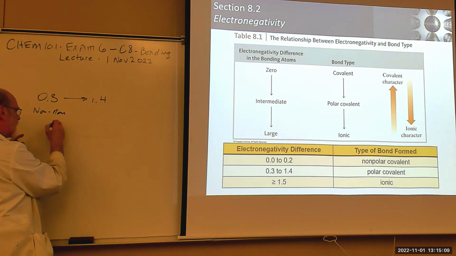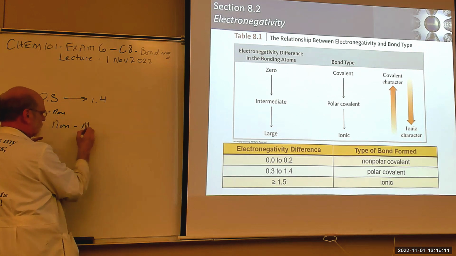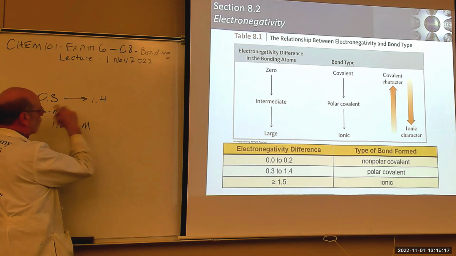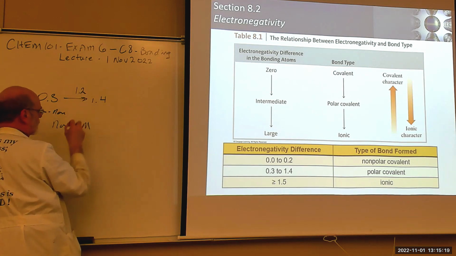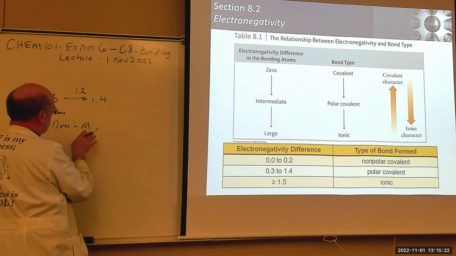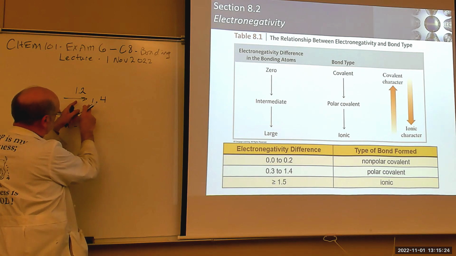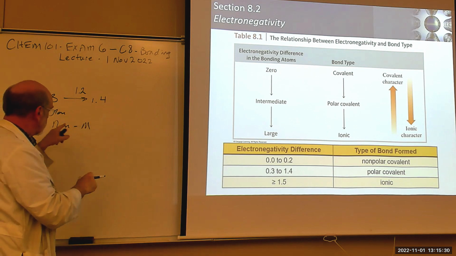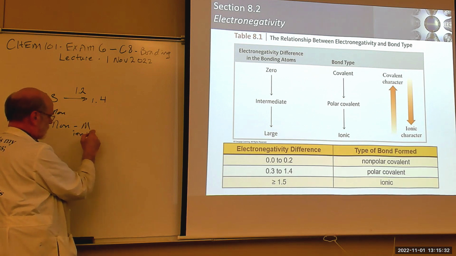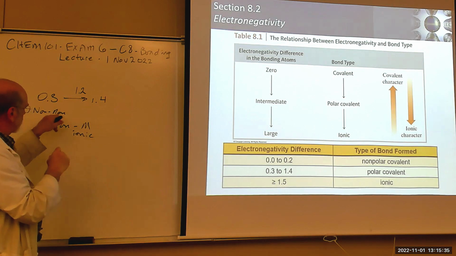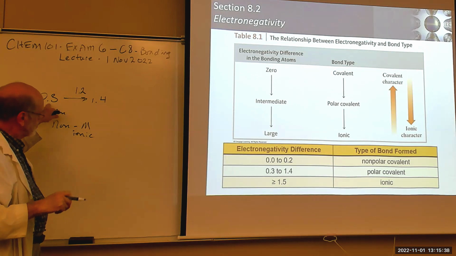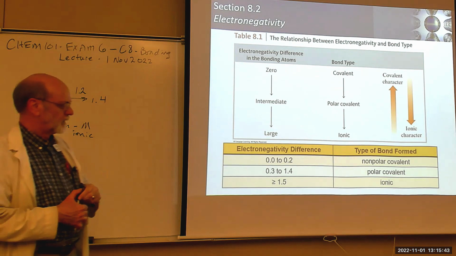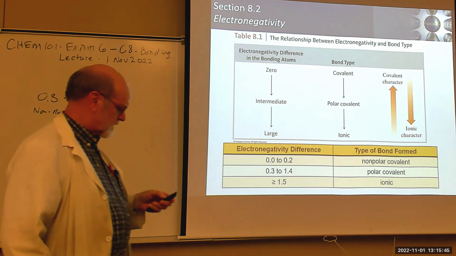If, however, you get a non-metal and a metal bonding, then there's a division in here, and I think it's in the neighborhood of 1.2. If it's a non-metal and a metal, and the difference is between 1.2 and 1.4, we also say that is ionic. Whereas if it were two non-metals, it's polar covalent all the way across. I'm not sure if I have another slide on that or not.